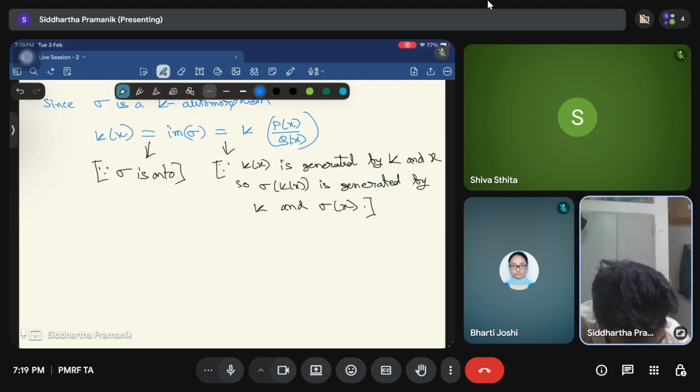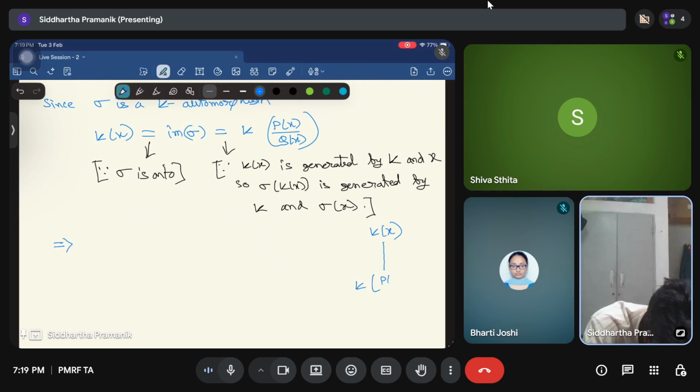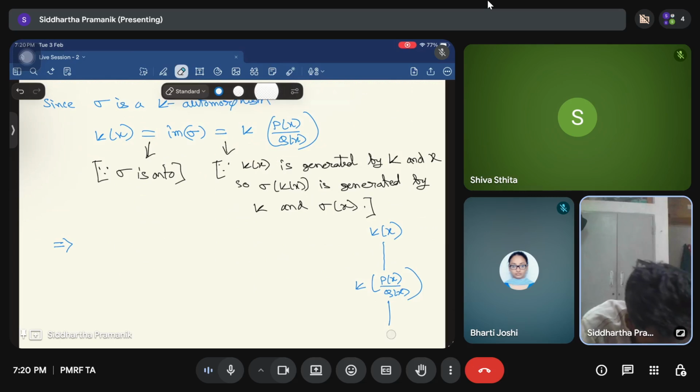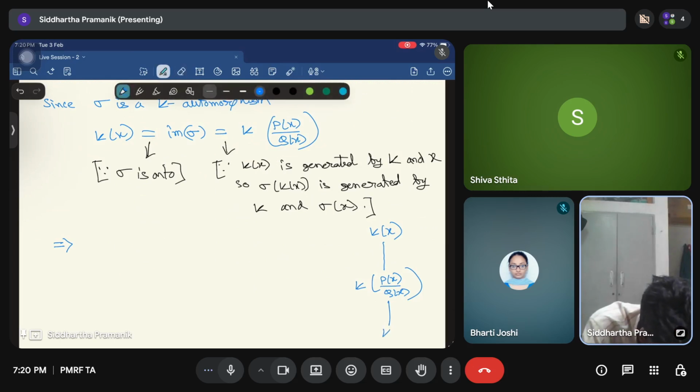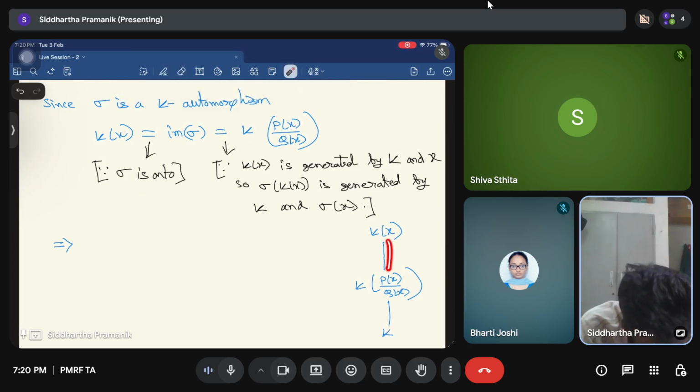So one thing you can observe is that if you take k(x) here, then k(p(x)/q(x)) is a subfield of this, and k is the base field. So we have this tower, but we have equality here. So this degree has to be 1.